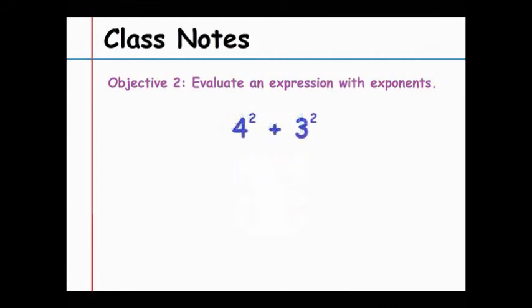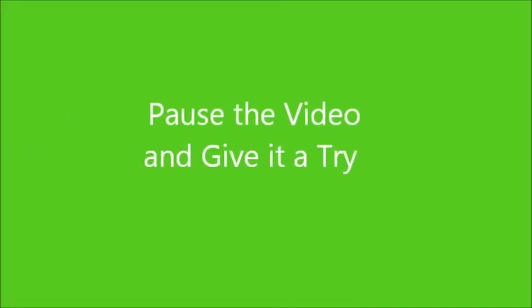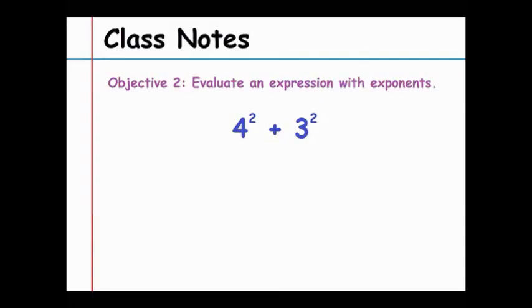Now try 4 squared plus 3 squared. Remember, evaluate the exponent first, then add the values. Here's what you should have got. 4 times 4 is 16, and 3 times 3 is 9. 16 plus 9 is 25.